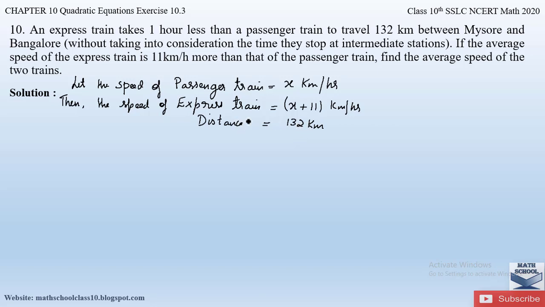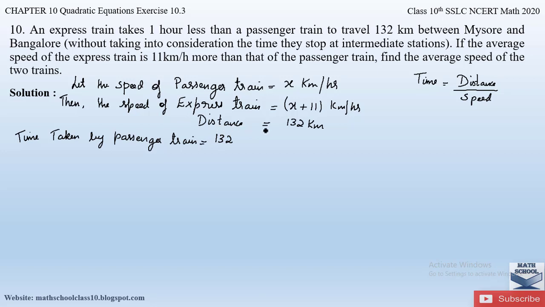Since the distance and speed are given, we have to calculate the time. The formula for time is distance by speed. This you already know. Now let us calculate the time taken by each of these trains. The time taken by the passenger train is distance by speed. The distance covered is 132 kilometers, which is the same for both trains, and the speed of the passenger train is x.